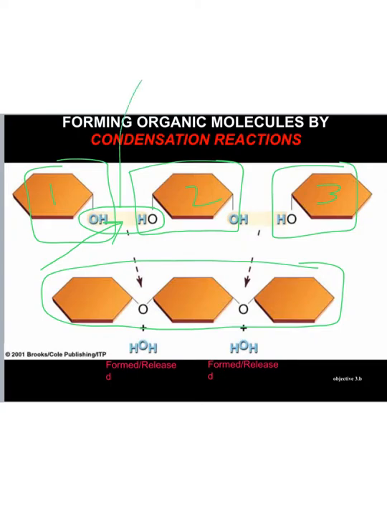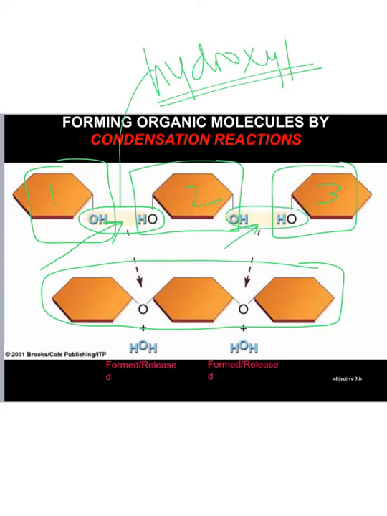So remember that back from chapter 3. So these are hydroxyl groups, and that's where the reaction is going to take place. So you can see when the enzyme comes in and attacks these hydroxyl groups, we lose water. So we lose 2 atoms of hydrogen and 1 atom of oxygen, and that is released, and what's left behind is our oxygen that is involved in the bond formation between our 2 monomers.